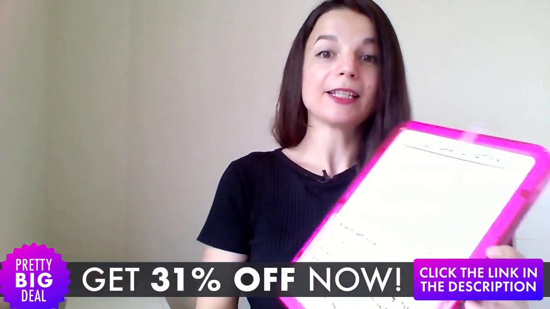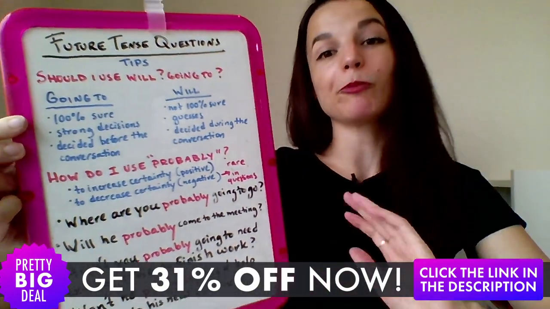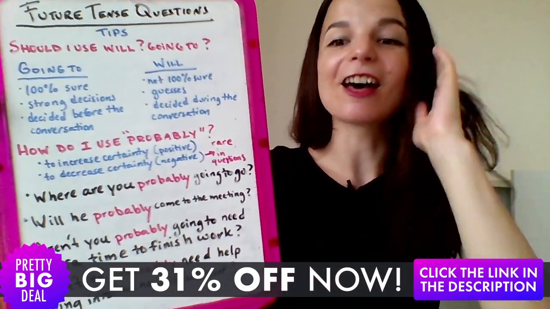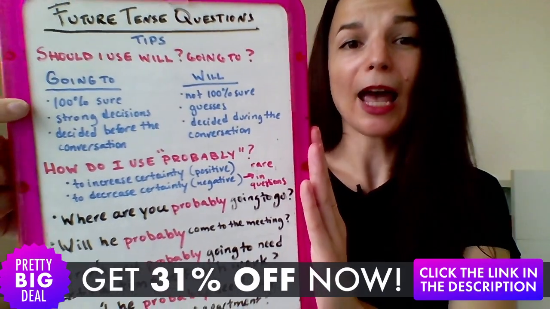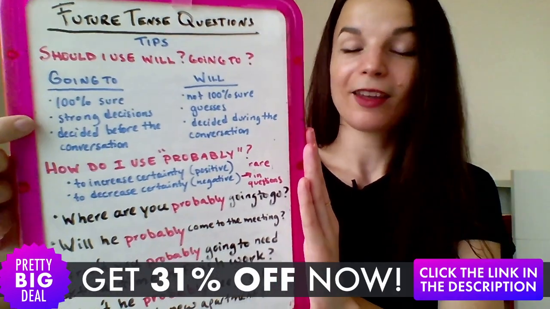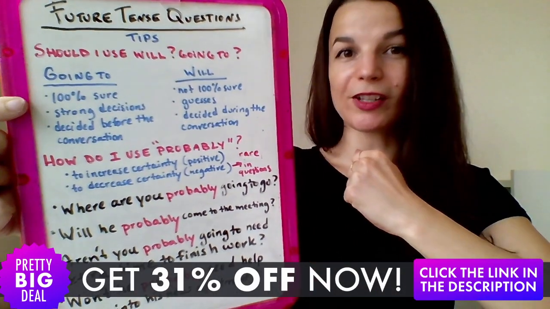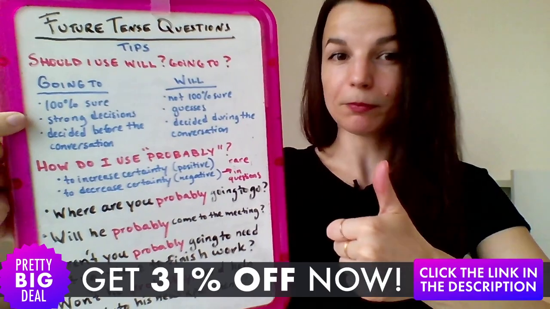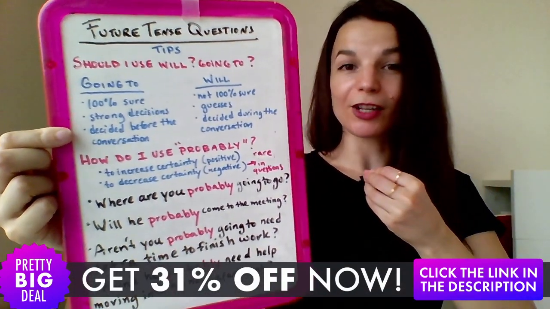Okay, onward. Tips. So I have been talking about this all lesson. So in case you need another reminder, going to and will. How do I choose? Should I use will? Should I use going to? I never know. Here's a good guide. Going to: you're 100% sure about the plan, or it's for a strong decision, or you decided this before the conversation.